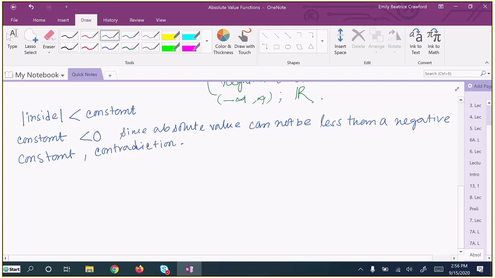So it is a contradiction, which means there is no solution. Hence, the solution set for this inequality is the empty set, which we can write in two different ways.